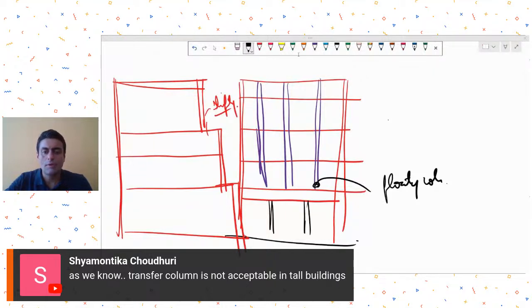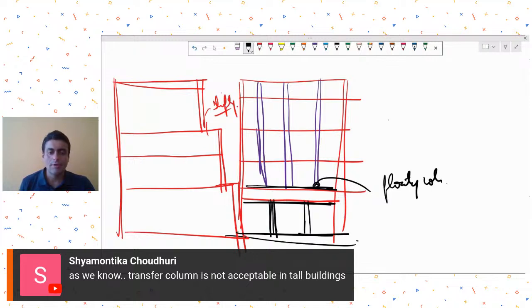Because mostly in tall buildings, on the periphery, especially in the peripheral frames where you have a tube system with closely spaced peripheral columns, you will often notice that there is a transfer girder given like this near the ground floors, and then there will be some columns at greater spacing, and above this transfer girder you have closely spaced columns.